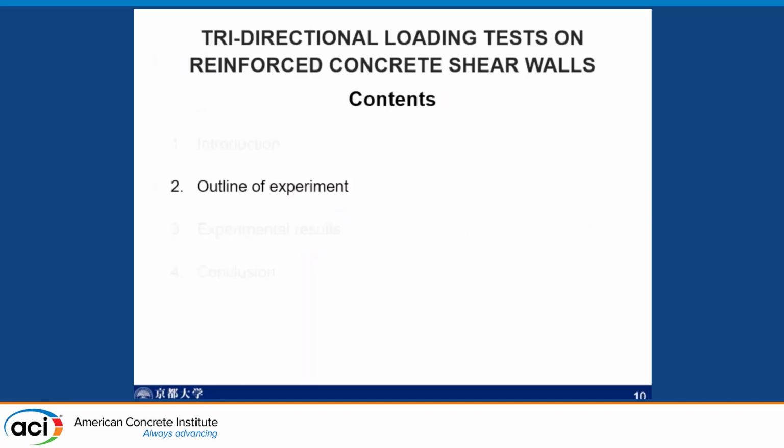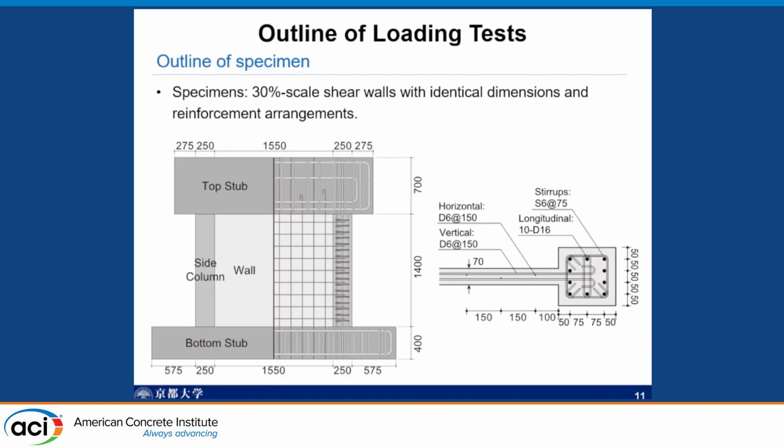First, the outline of the experiment. This is the specimen which we used in this project. This is a 30% scale shear wall. We constructed several specimens, and they were identical, so they have the same dimensions and the same reinforcing arrangements.